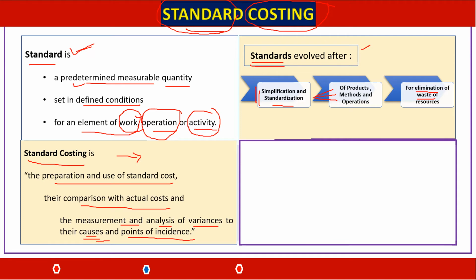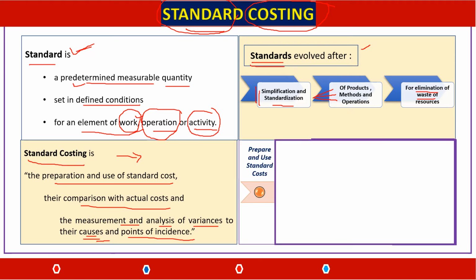If we put it in the form of stages, standard costing and variance analysis involves preparation and use of standard costs. For each item or element of cost, there is a standard which is set. We evolve standards, publish them, then we measure and record the actuals.